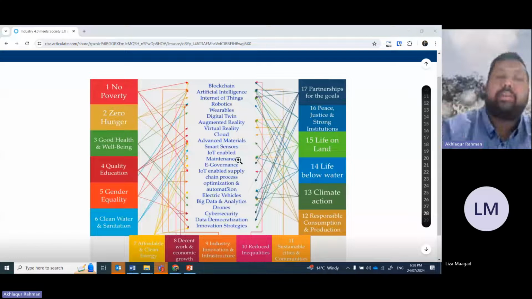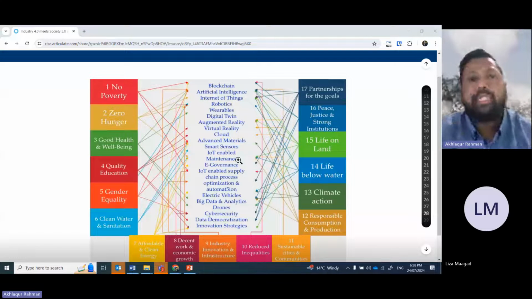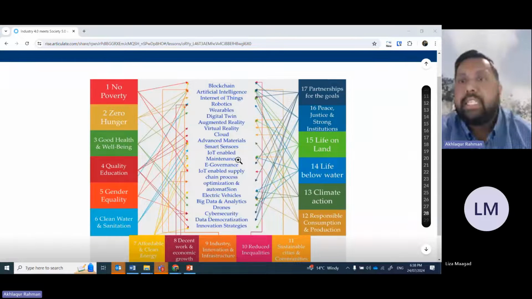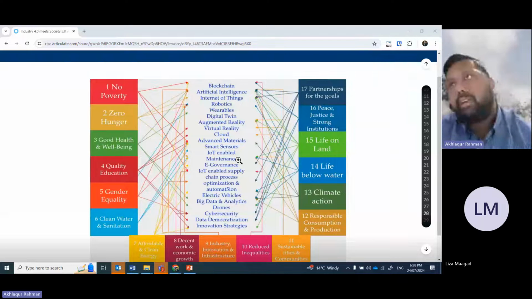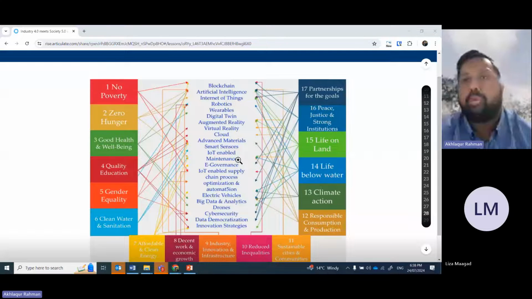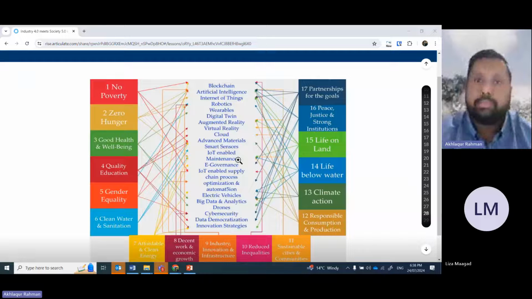The idea is that technologies enable you to achieve these goals that will make your life more sustainable and society more evolved. That is where Society 5.0 and Industry 4.0 can work together.